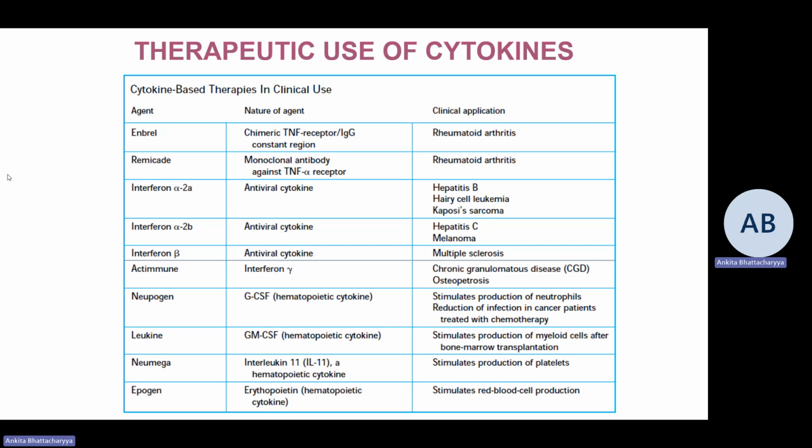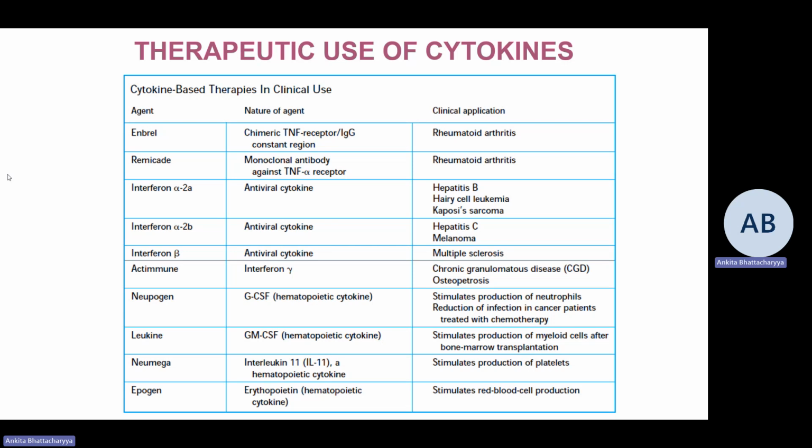Then comes Actimmune, which is interferon gamma, used for chronic granulomatous disease and osteopetrosis. I think I had mentioned chronic granulomatous disease. If not, you can look into it. You'll find a lot of information online.